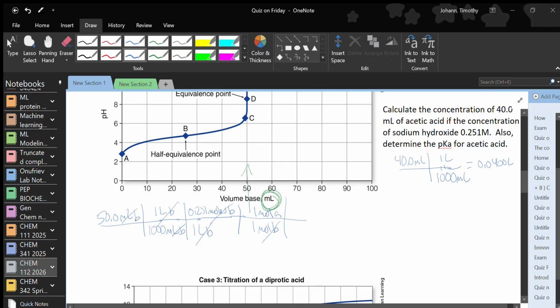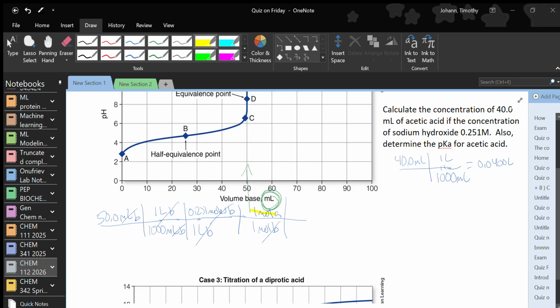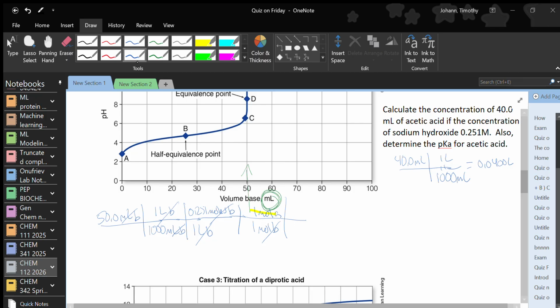Moles of base cancels with moles of base. And then now I've got moles of acid, and I need to divide by liters of acid, and then I will have molarity. And I figured out up here that I had 0.0400 liters of acid.